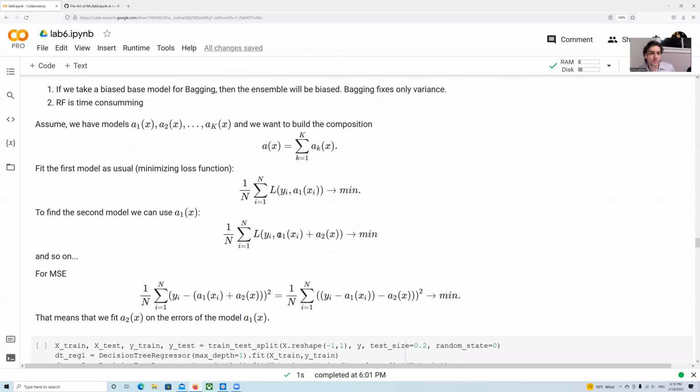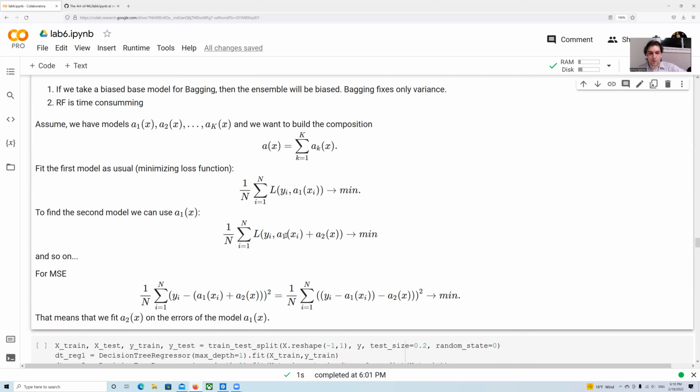Originally for boosting, we just take the sum of the first and second models. The first model is known, so it gives us some numbers, and we should find just the parameters of the second predictor. And then we can add a third and try to find the third model and so on. Let's look at the example of the mean squared error loss function.